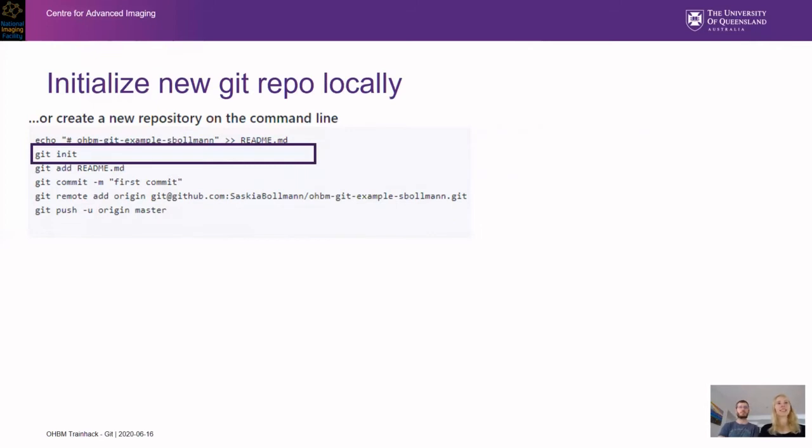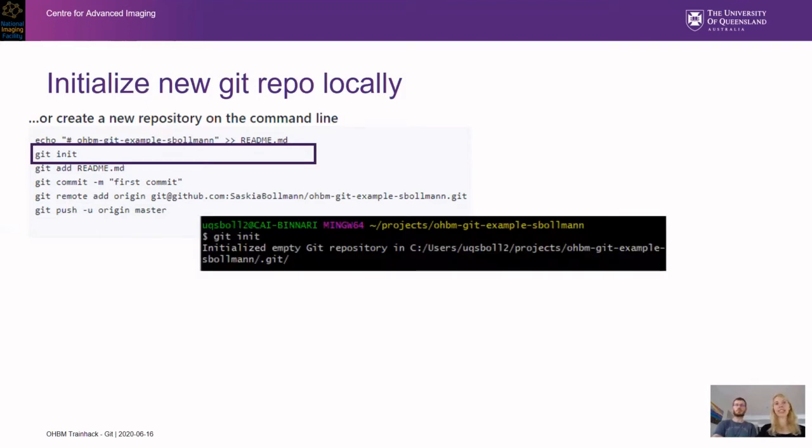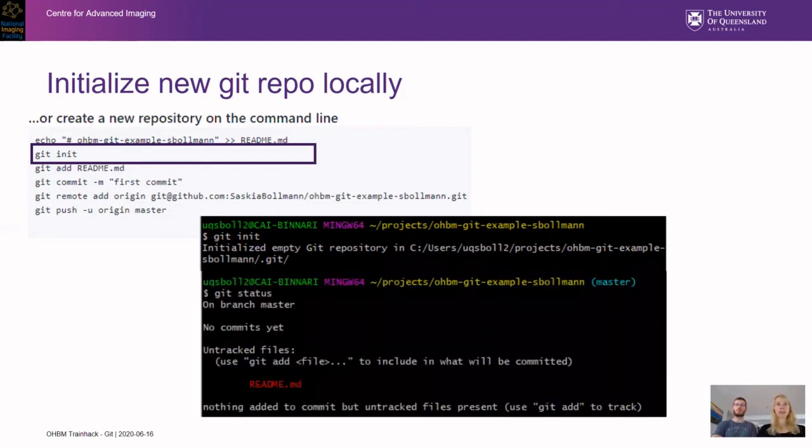The next step is to initialize the new repository locally using git init. Once I do that, it tells me it initialized an empty Git repository in that folder. A useful Git command is git status, which tells us the status of our local Git repository.